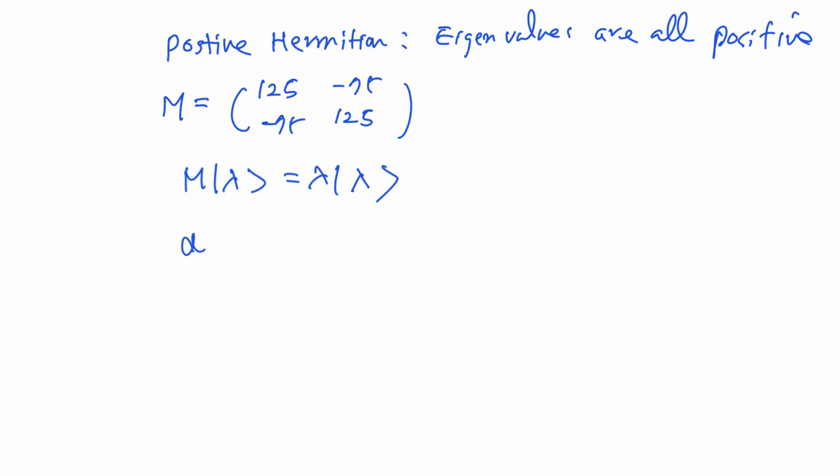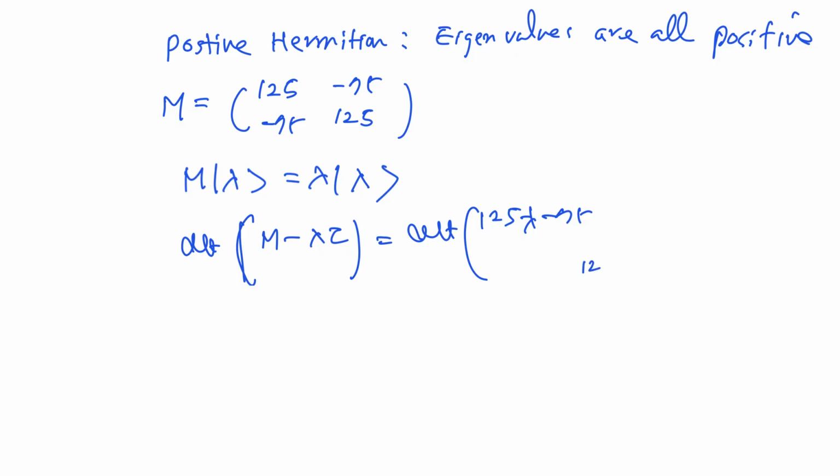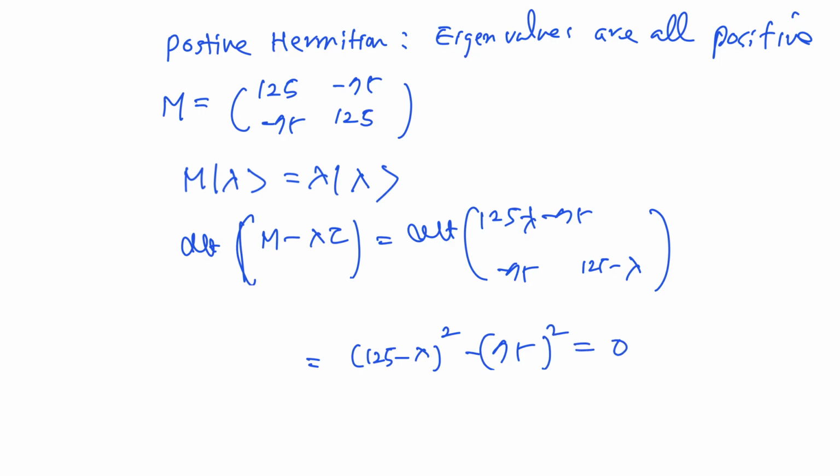So the determinant of M minus lambda I, determinant of 125 minus lambda, minus 75, minus 75, 125 minus lambda, which is what? 125 minus lambda squared minus 75 squared is equal to 0, right?